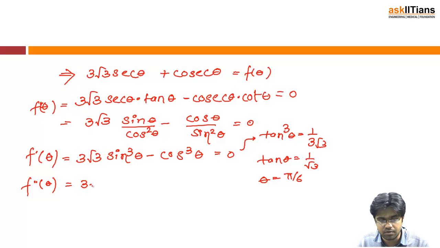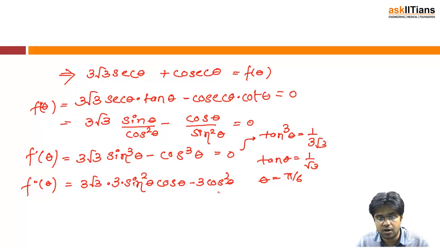F double dash theta will be 3 root 3 multiplied by sin cube theta, differentiation is 3 sin square theta, d by dx of sin theta is cos theta, minus cos cube theta, differentiation is 3 cos square theta, d by dx of cos theta is minus sin theta. We need to find out its value, so let's not keep it equal to 0. That means this minus minus will make it plus.